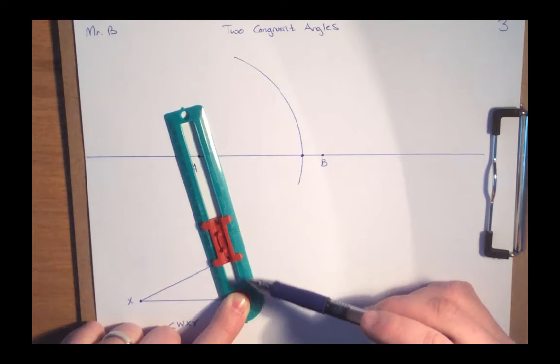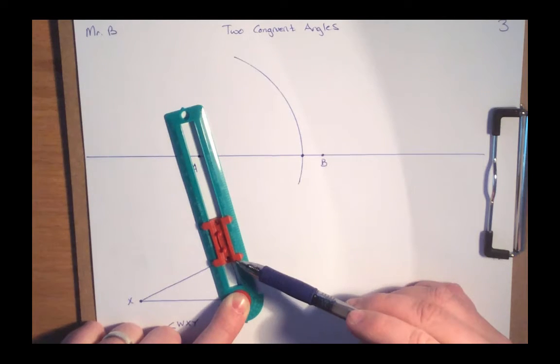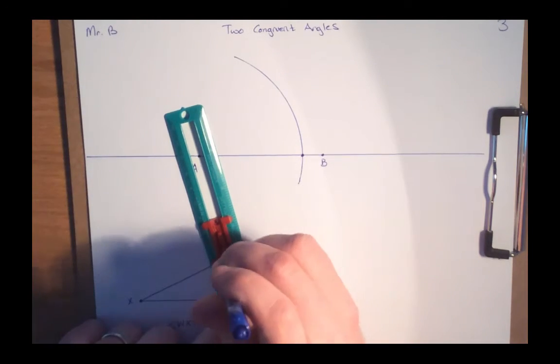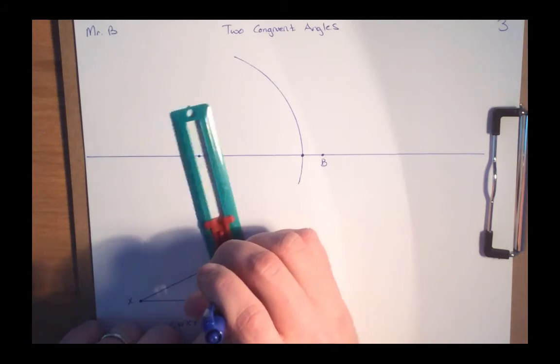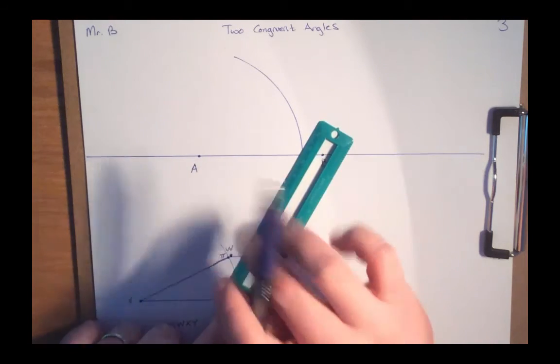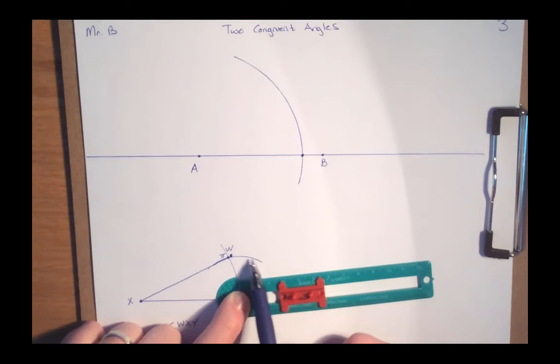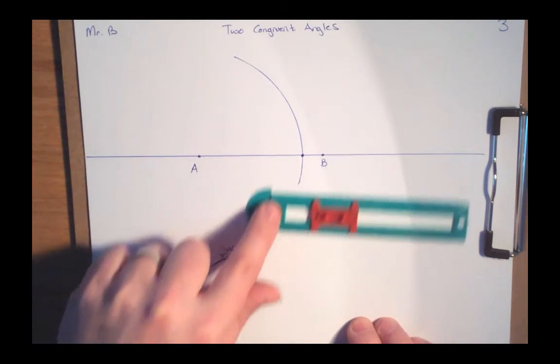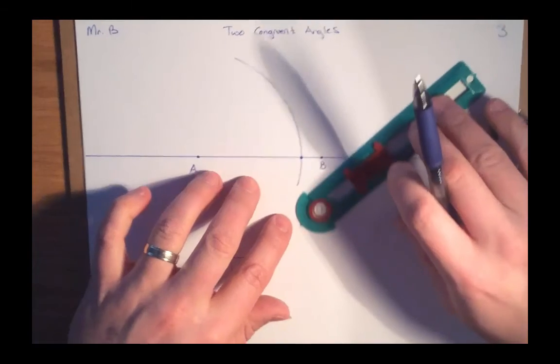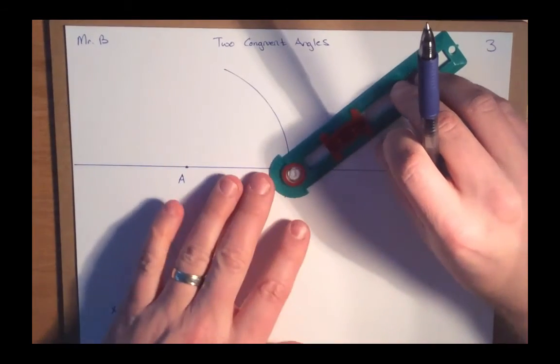So my one end's on ichthus. My slider's lined up with pi. To make sure everything is good, I'm going to draw a little arc and double check to make sure it's lined up. My arc goes through pi. That's good. So I know that my slider is the right measurement. I'm going to transfer it up to that intersection point.